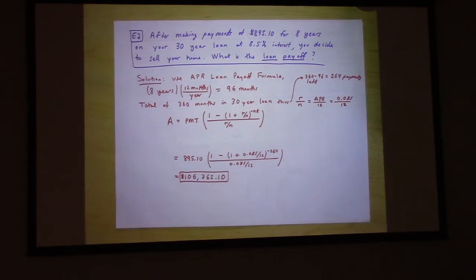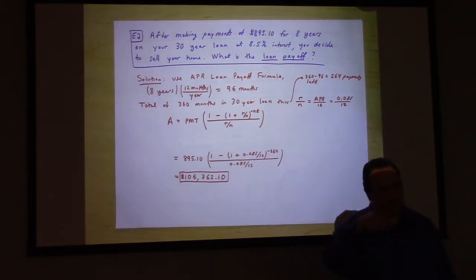Let's see here. Example 2. After making payments of $895.10 for 8 years on a 30-year loan at 8.5% interest, you decide to sell your home. What's the loan payoff? What's that mean, loan payoff? What that means is when you sell the house, you don't transfer the mortgage to the next person.